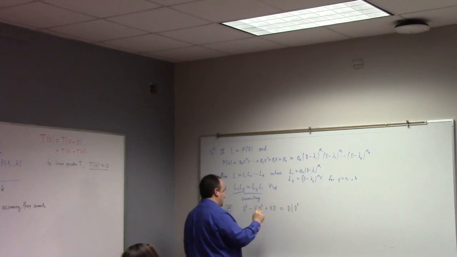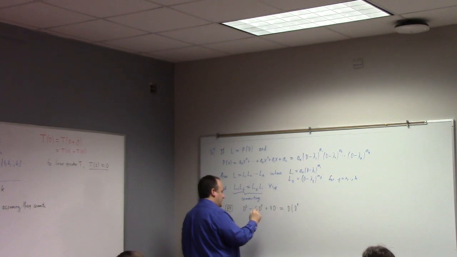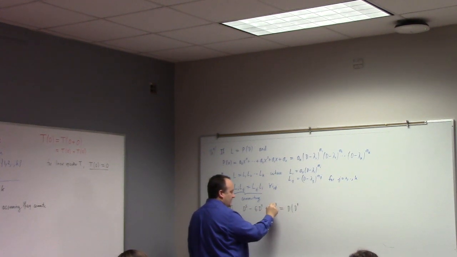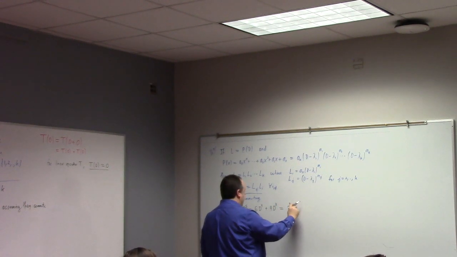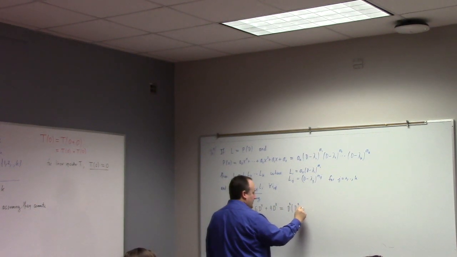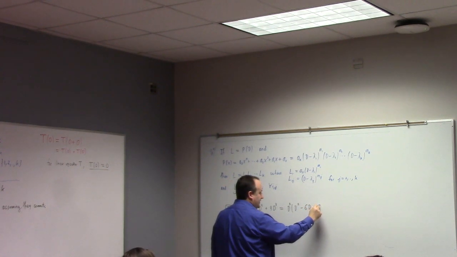Oh man, just a second here, I'll get it eventually. I wanted to put a cube here, I think, yeah. So if I factor out a D cubed from that, that gives me D squared minus 6D plus 9, I think.